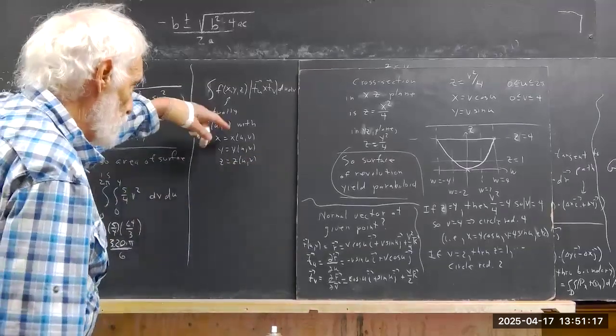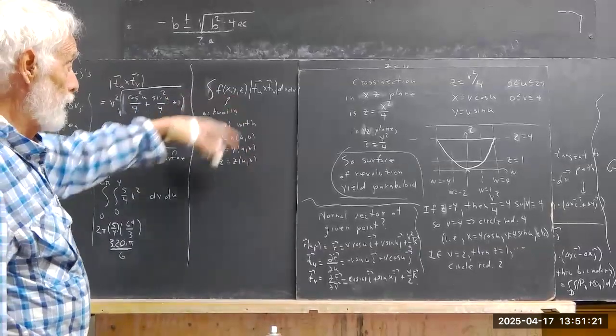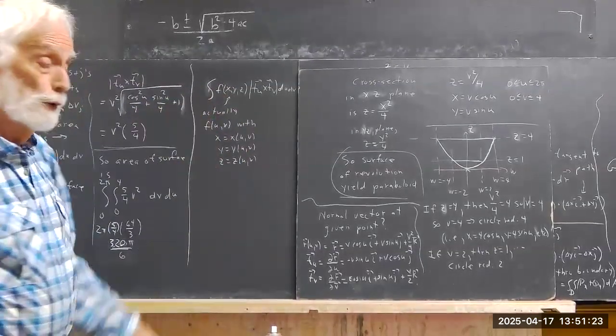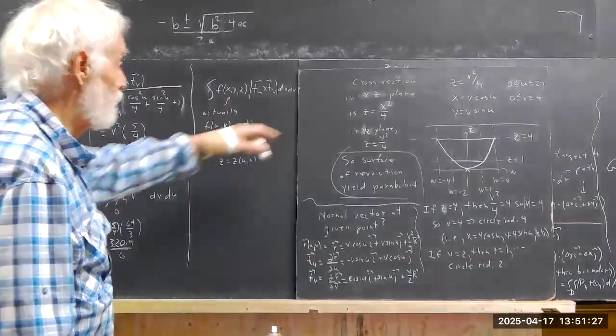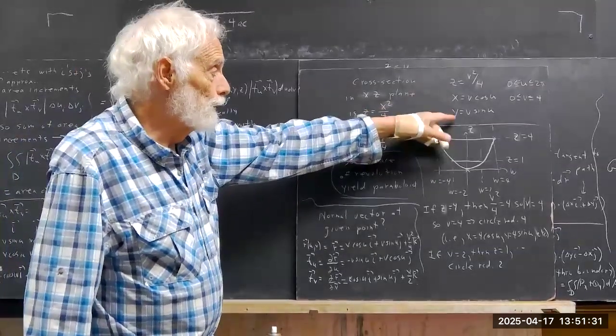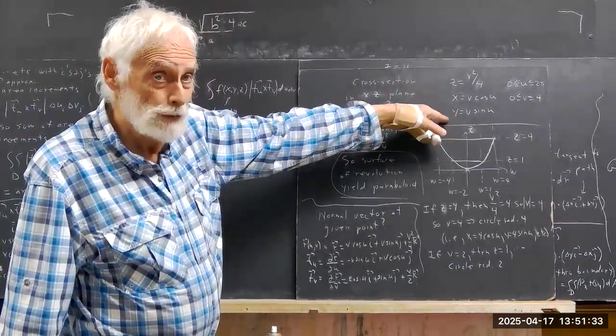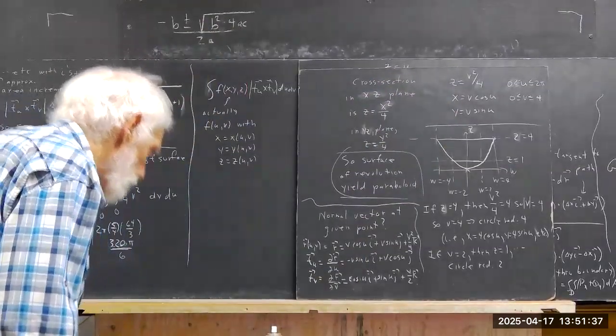So x is some function we'll call x of u v and so forth, so that f of x, y, z has to be written in terms of u and v, just by substituting whatever our parameterization is. If we have this parameterization, then we substitute v cosine u, v sine u, and v squared over 4.